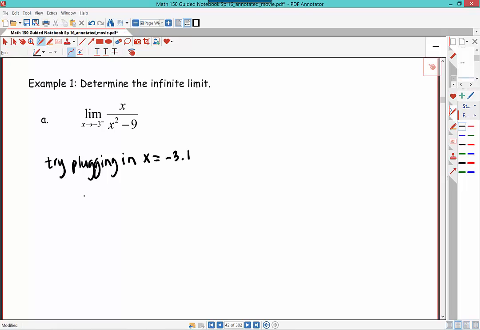So if we did that, we would get -3.1 divided by -3.1 squared minus 9. This would be -3.1 over -3.1 squared, using just a real simple calculator.